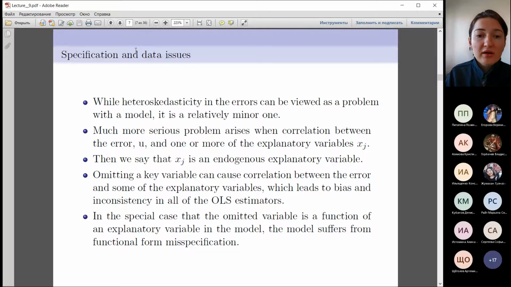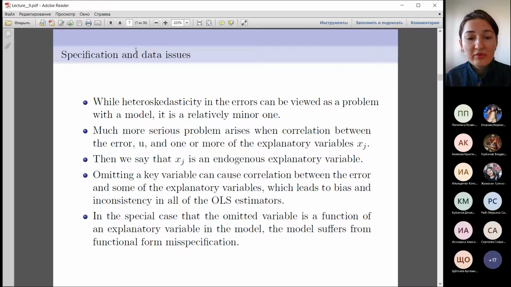And we call the situation when one explanatory variable, or let's say some group of explanatory variables, is correlated with the error term, endogenous variables. So, for example, omitting a key explanatory variable can cause correlation between the error and some of the explanatory variables. And of course, this situation leads to bias and inconsistency in all of the ordinary least squares estimators in general.